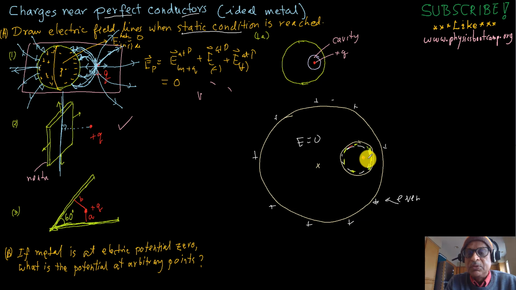So if I look at the electric field lines, it's going to be 90 degrees over here, 90 degrees on this inside, 90 degrees on this inside, 90 degrees on the tangent, 90 degrees, tangent 90 degrees.